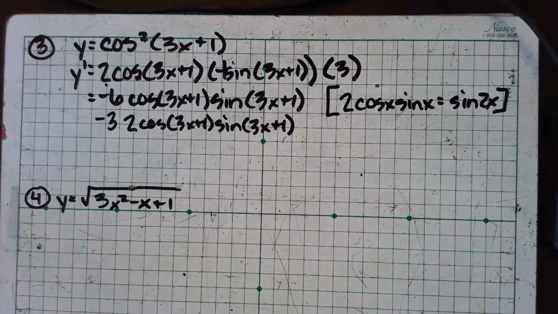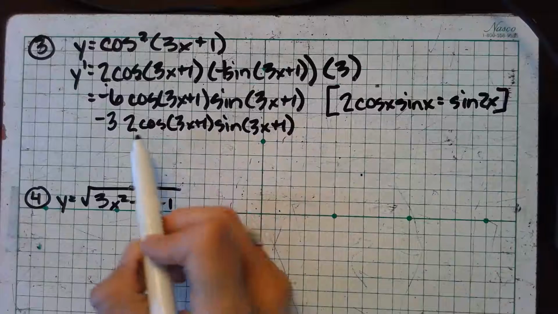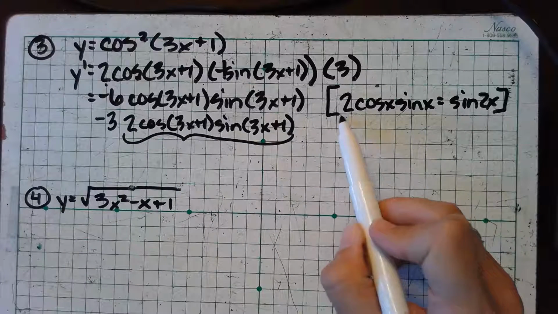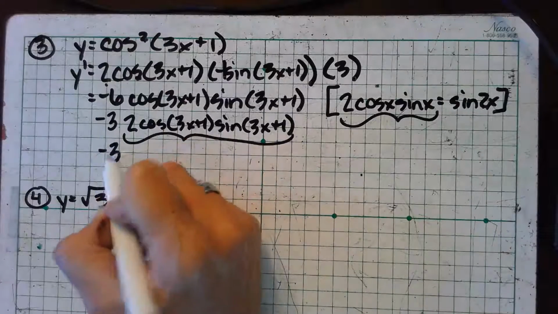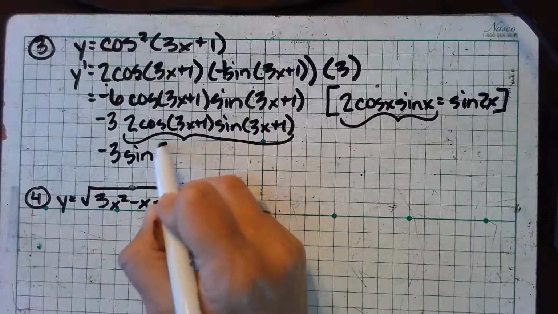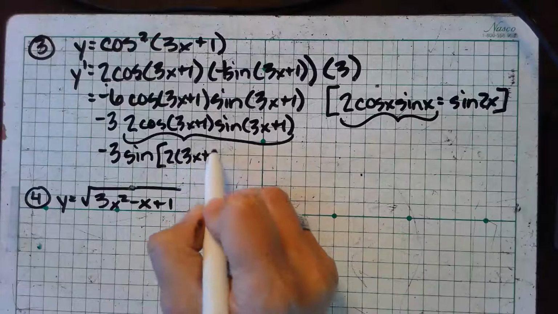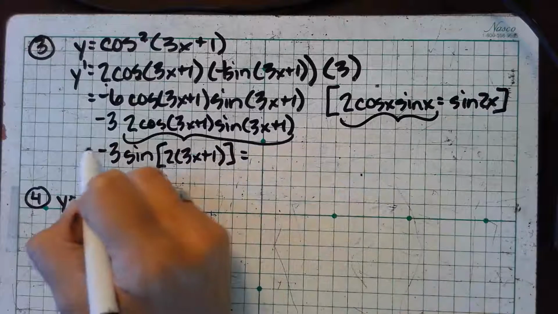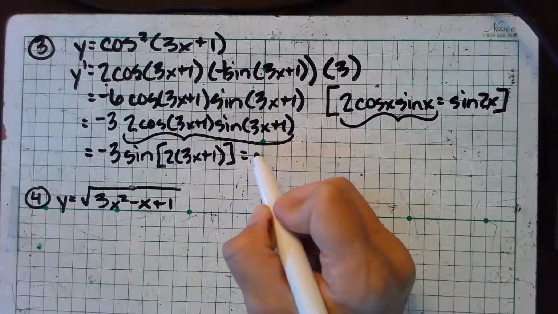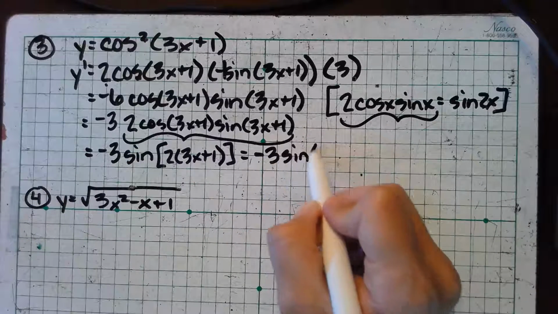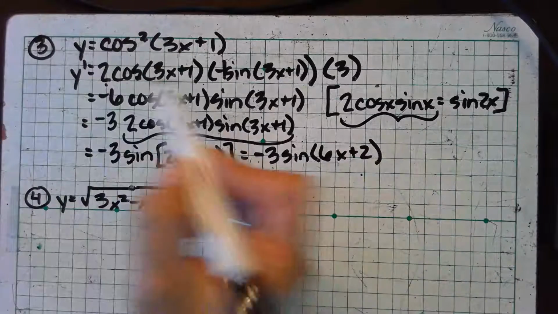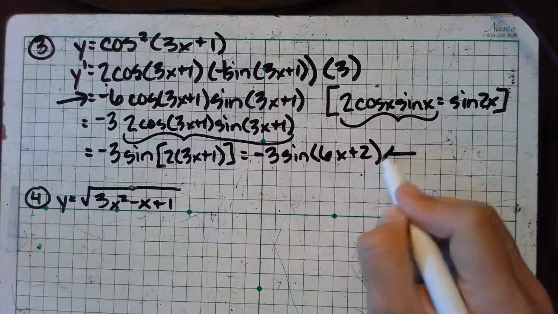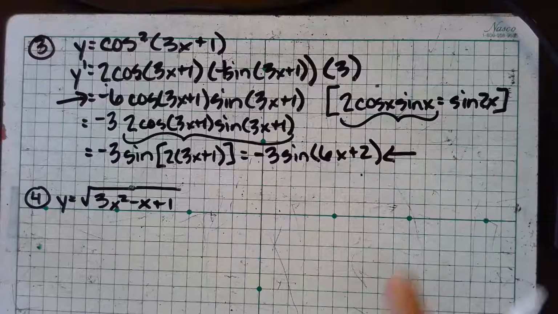Like that. All right. And then I notice this right here is just this right there. Just be careful because you're going to have to multiply the 3x plus 1 by 2, and I end up with negative 3 sine of 6x plus 2. So this is a correct answer right here, but be careful if it's multiple choice, you could see this answer right there.